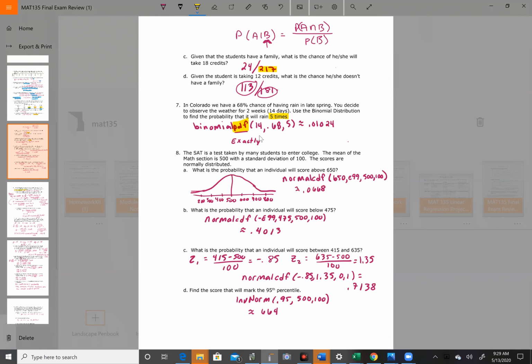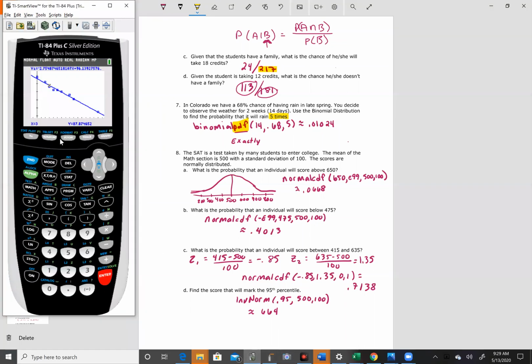But for now, this question is just talking about the exact 5 times. So you go to the binomial PDF. That's going to be under distribution in your calculator. Distribution is blue or second, vars. And we're going to find the binomial PDF.